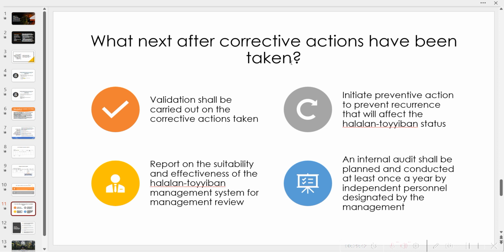Management review is actually a simple meeting. You discuss, for the whole year, what has happened to the halal assurance system of the production. Internal audit shall be planned and conducted at least once a year by independent personnel designated by the management. So, to support the validation, you need to carry out an internal audit once a year.